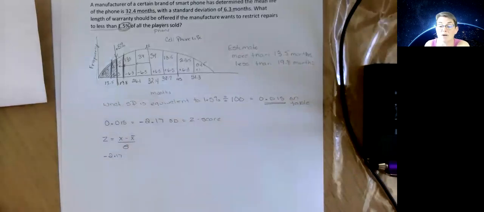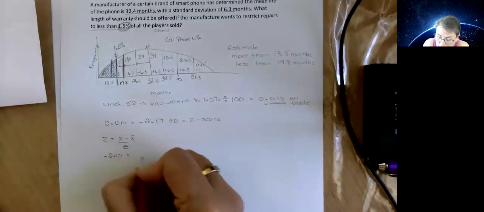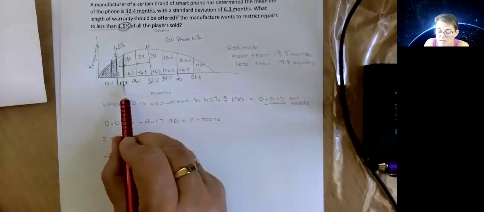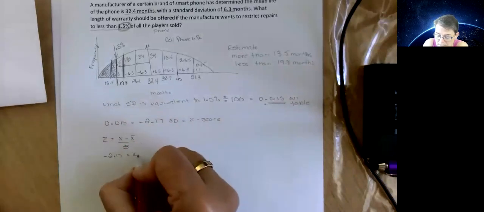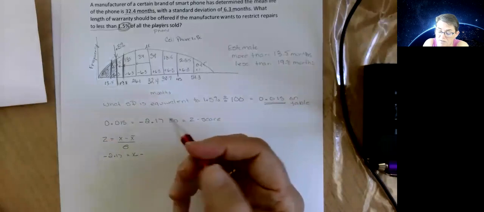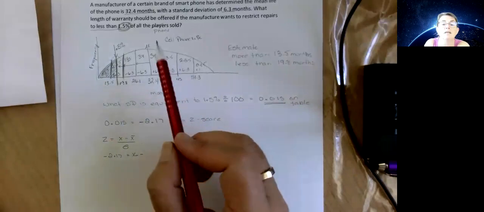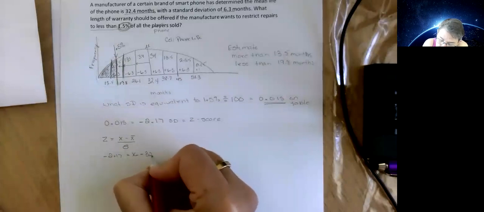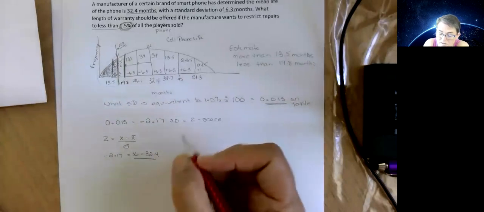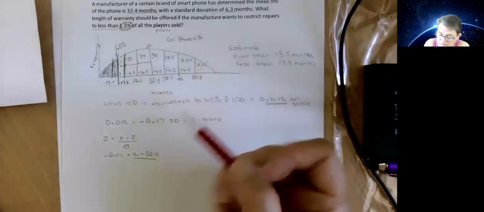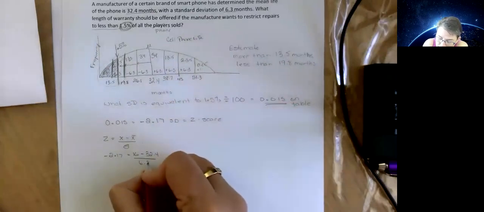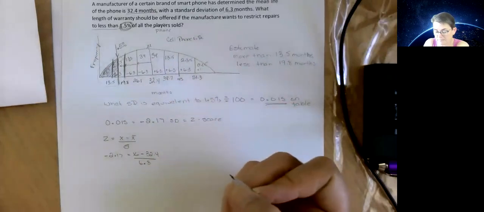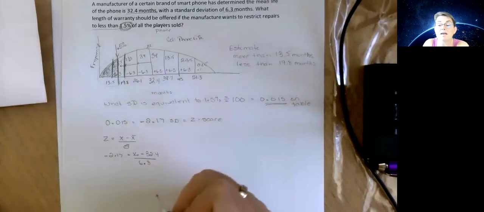We just looked it up on the table. Is equal to. Now, we don't know what that number is, so there's my x, but I do know my mean, 32.4, and I do know my standard deviation of 6.3. So I am going to have to solve for x.